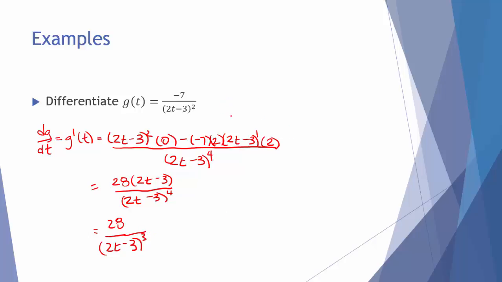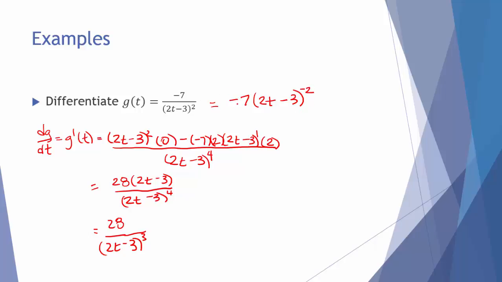The other way of going about this is to rewrite this first, instead of thinking of this as negative 7 divided by 2t minus 3 squared, think of it as multiplication of negative 7 times 2t minus 3. But if you're going to move a factor from the denominator up to the numerator, that positive exponent is now going to become negative.